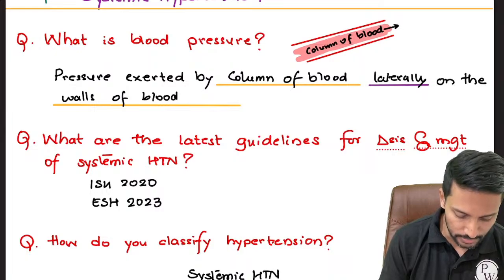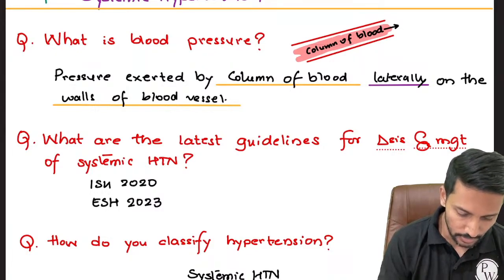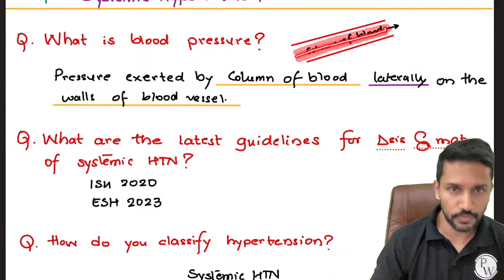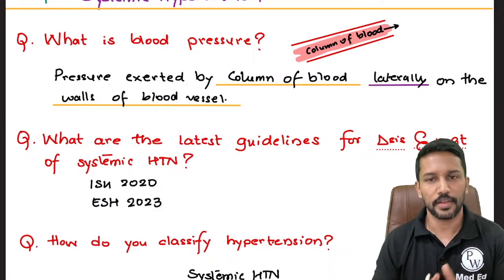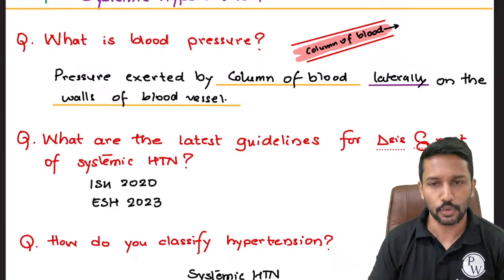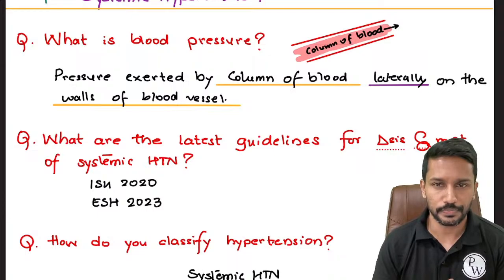This is how we define blood pressure. So basically when the blood column moves forward, it exerts lateral pressure on the walls of the blood vessel. This lateral pressure is what we call blood pressure, and when it is above the defined threshold we will call it hypertension.